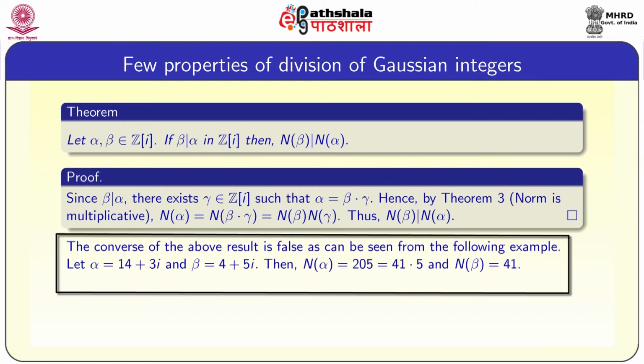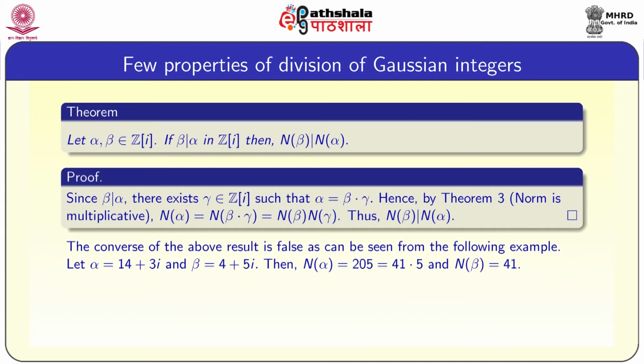One can see many examples. One example is: take alpha equal to 14 plus 3i and beta equal to 4 plus 5i. Then the norm of alpha equals 205, that is 41 times 5, and the norm of beta equals 41. So, the norm of beta divides the norm of alpha, but 4 plus 5i does not divide 14 plus 3i.